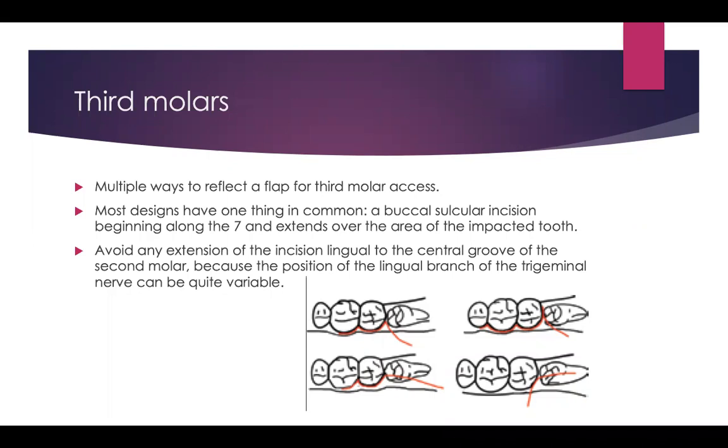So these types of situations will always make me think, why do I need to go lingual? I'll go just buccal, and I'll open a buccal window whenever I do that.